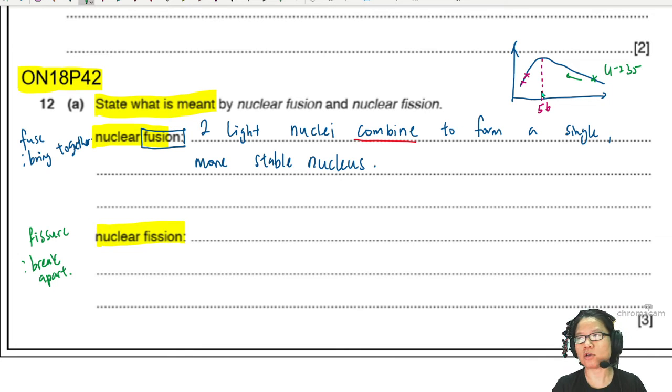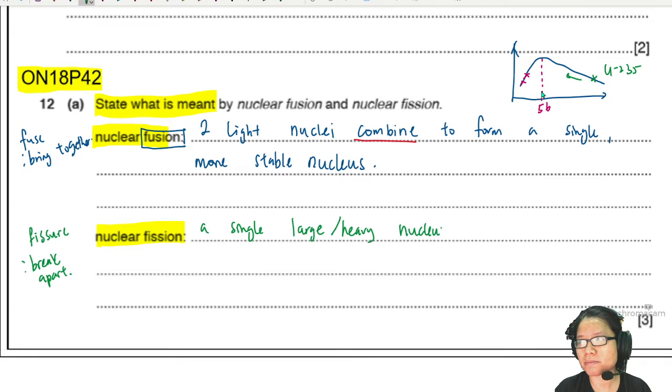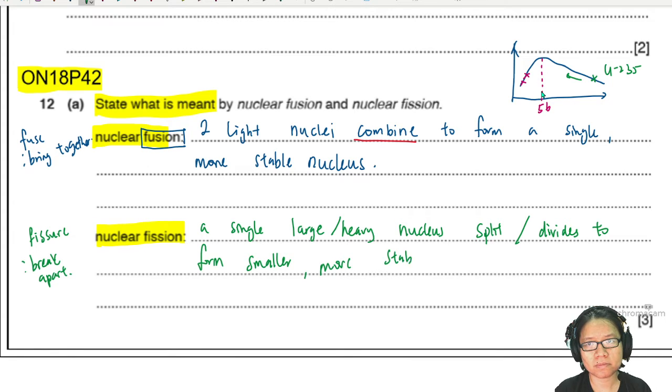So we will say this is a single, large or heavy nucleus splitting, or dividing, to form smaller, more stable nuclei.